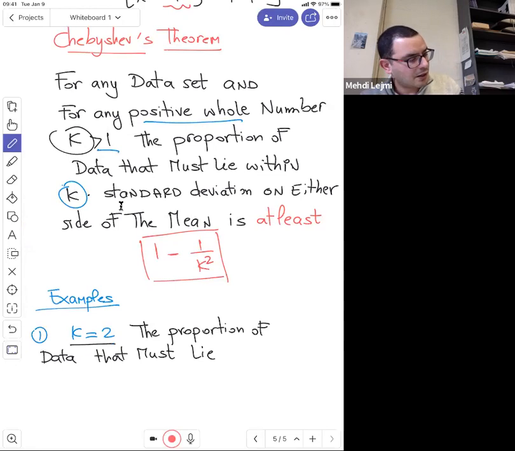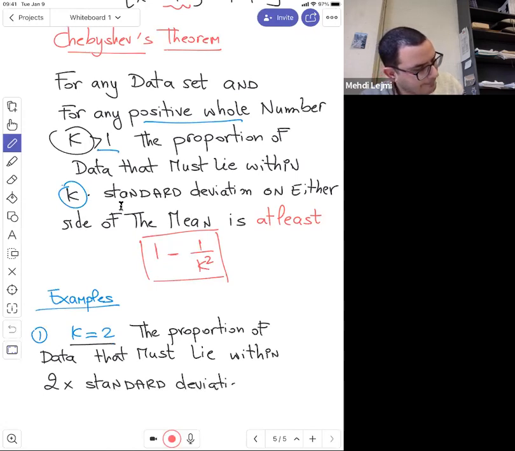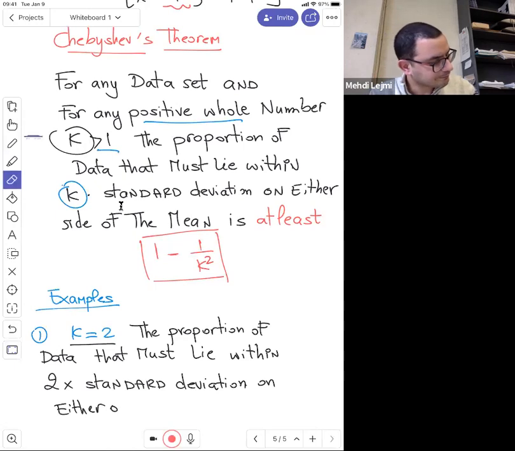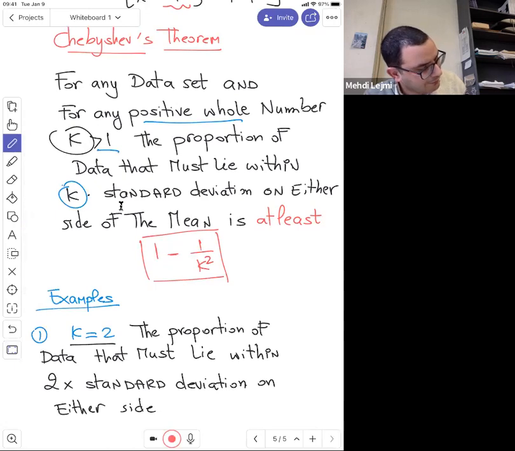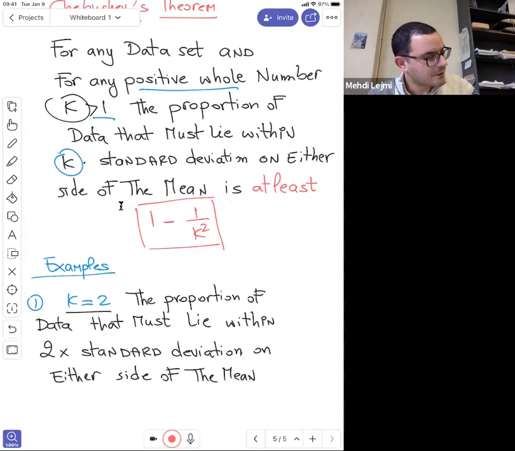So the proportion of data that must lie within k times the standard deviation, in this case k is 2, so 2 times the standard deviation on either side of the mean. Right.